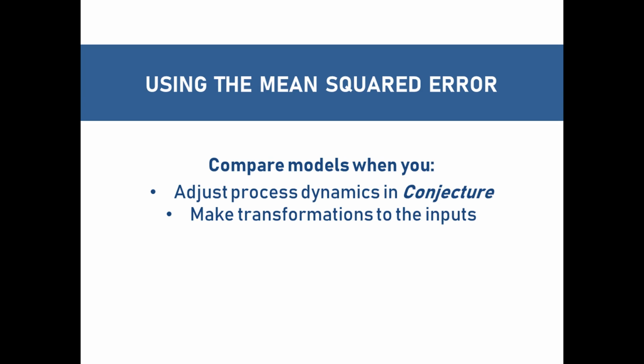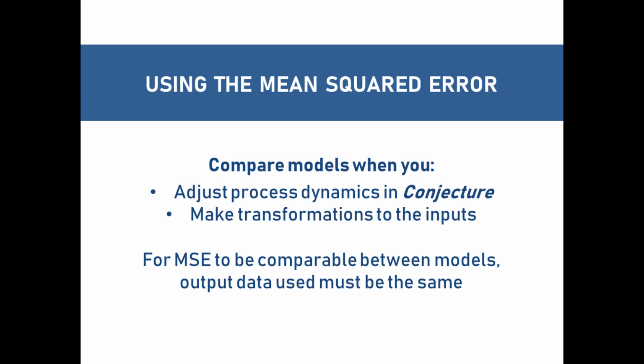An important point to note is that for the MSE to be comparable between models, they must have been built using the same output data. So you can compare the MSE between models of untransformed output, and you can compare the MSE between models where you've transformed the output. But they always must be compared between models that use the same output data.